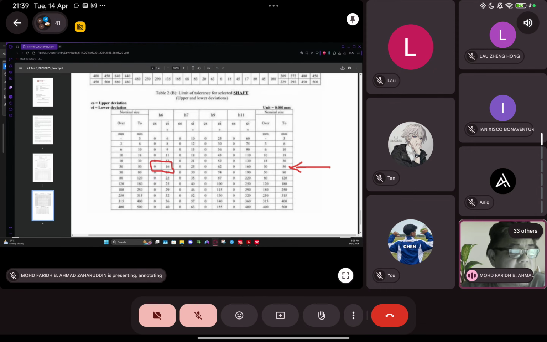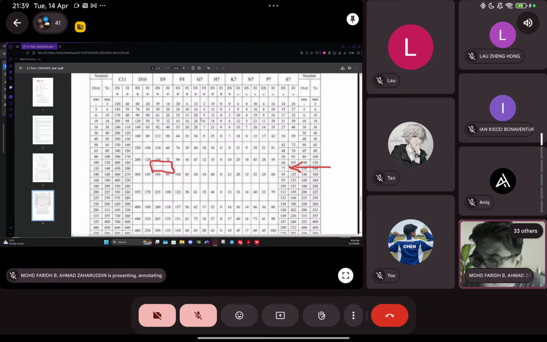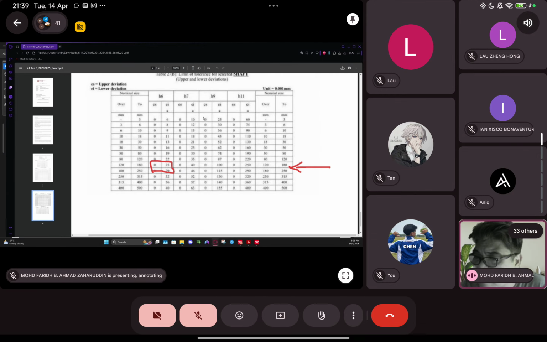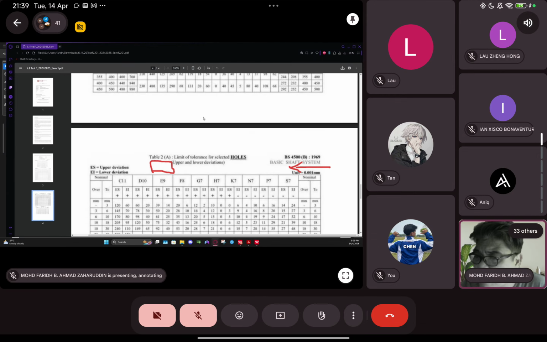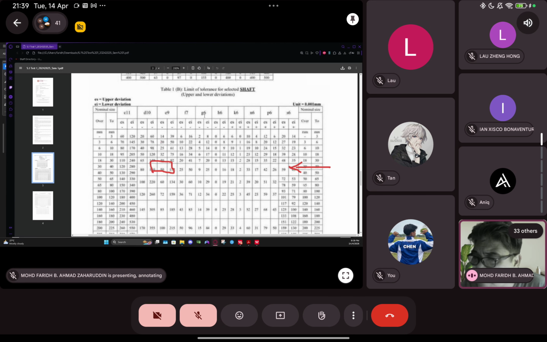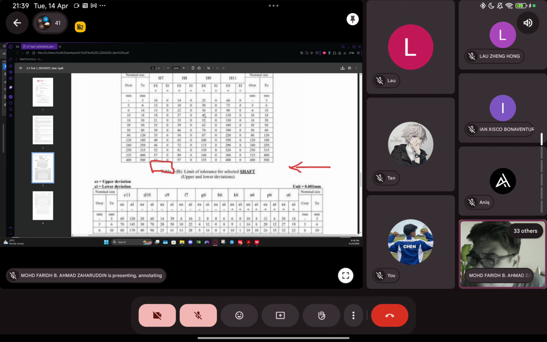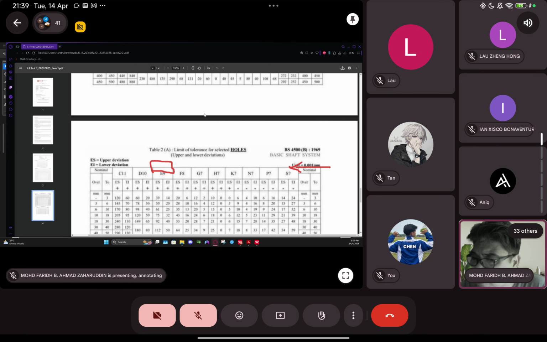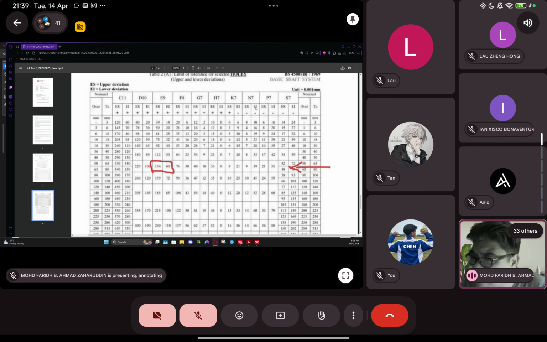Okay, 0 and 16. And then this one is A6. I don't remember well. Okay, 1 and 7. No, this one. Okay, this one, and 7.